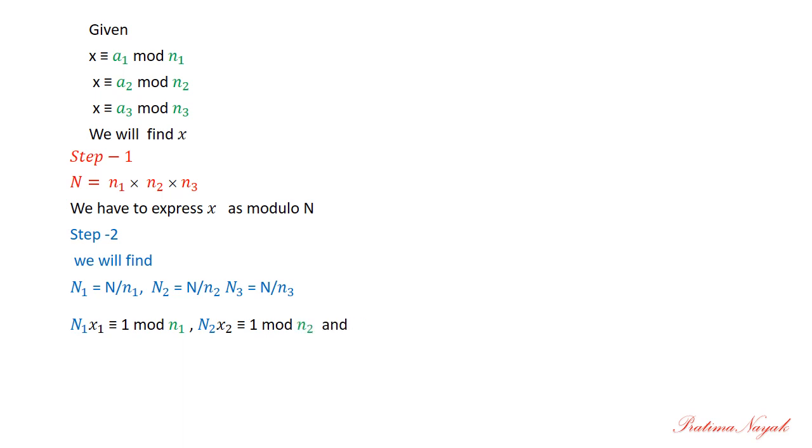After getting x1, x2, x3, we go for x is congruent to the summation of ai, Ni, xi modulo n. Here there are 3, so it is the sum of a1, N1, x1 plus a2, N2, x2 plus a3, N3, x3 modulo n. I hope you followed the procedure. Next we will go for an example.